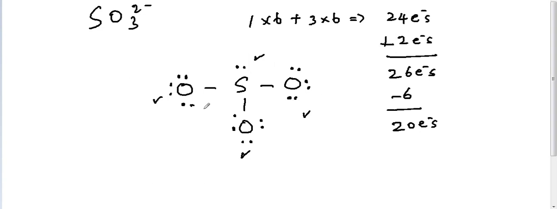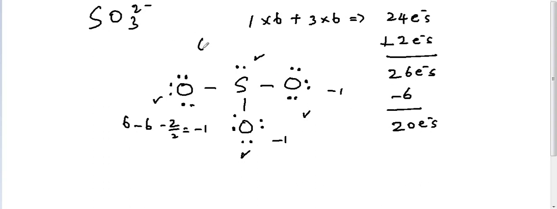Now we calculate the formal charges for each of the oxygens and the sulfur. For the oxygen, it is 6 minus 6 minus 2 by 2, which is minus 1. The other 2 oxygens are similar, so they carry a formal charge of minus 1. Let us calculate for the sulfur.